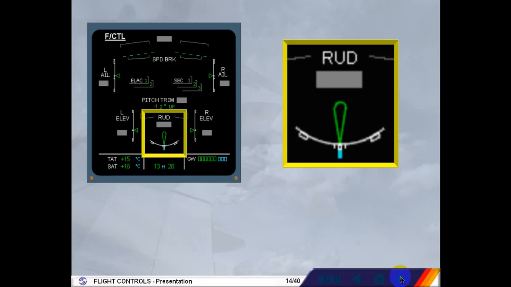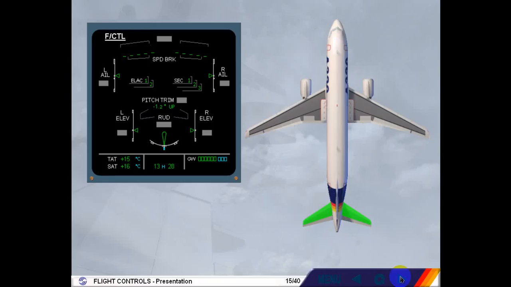The rudder travel limit is indicated by small white ticks. It is presently in the high speed position. The pitch trim position is indicated by trimmable horizontal stabilizer deflection in degrees up or down.